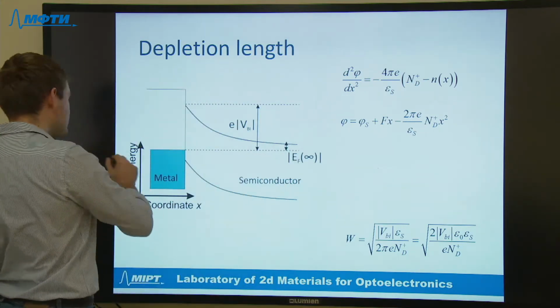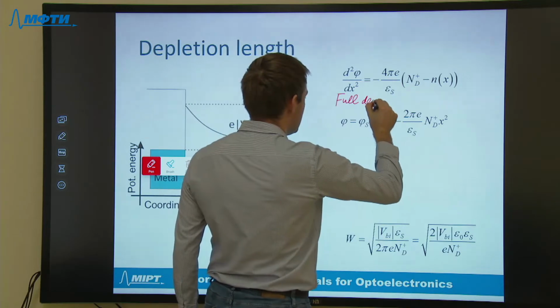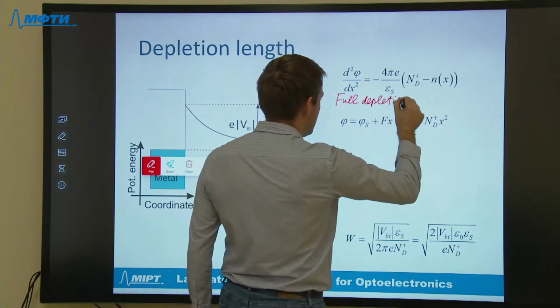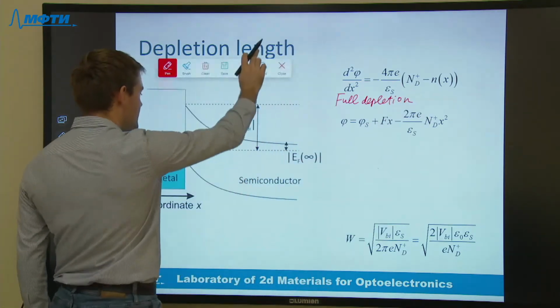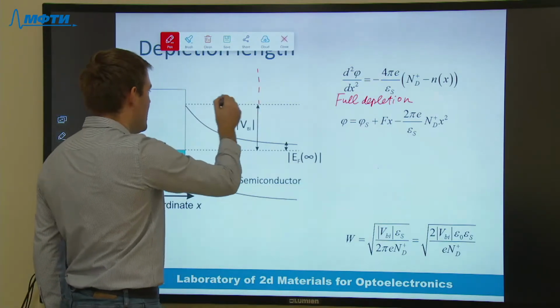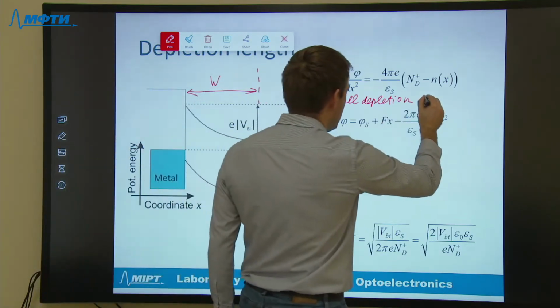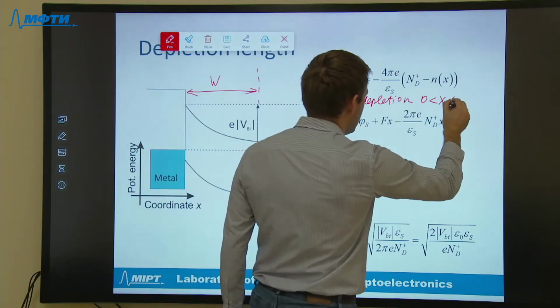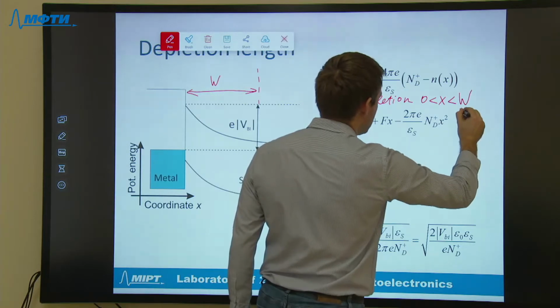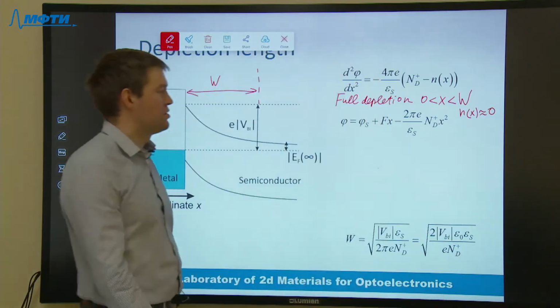The full depletion approximation means that we consider some area inside of the semiconductor of yet unknown width W, in which we can neglect the charge of electrons, and we can approximately set the density of electrons to be 0.